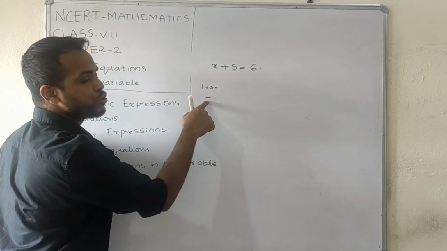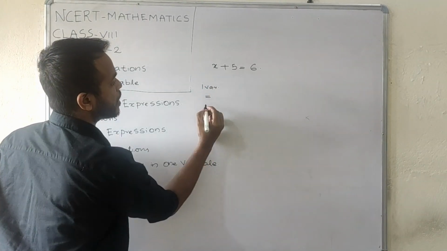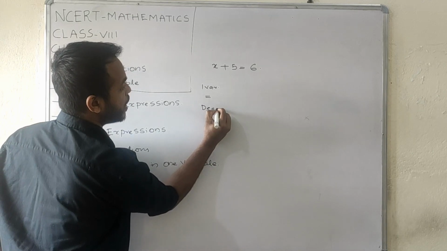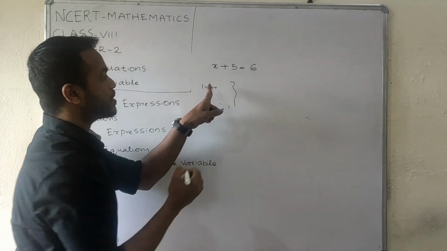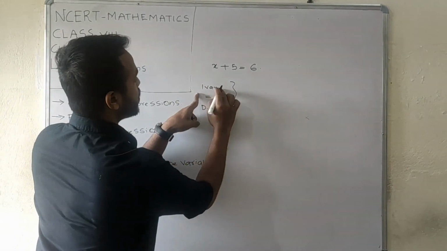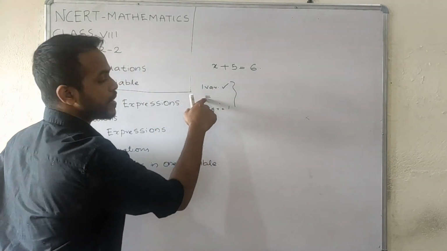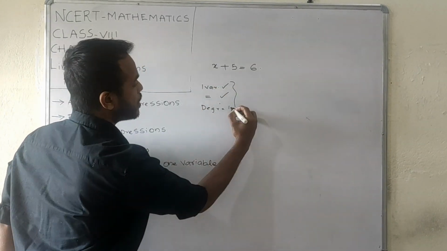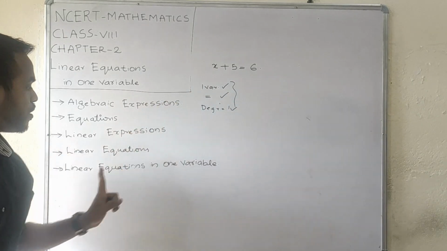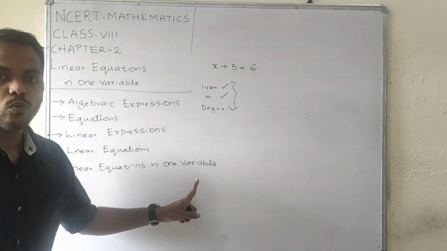Now, it should contain an equal to symbol, and the highest power or the degree should be 1. Is this equation satisfying all these things? Is there only one variable? Yes. Is there an equal symbol? Yes. Is the degree of this equation 1? Yes. So this is an example for linear equation in one variable.